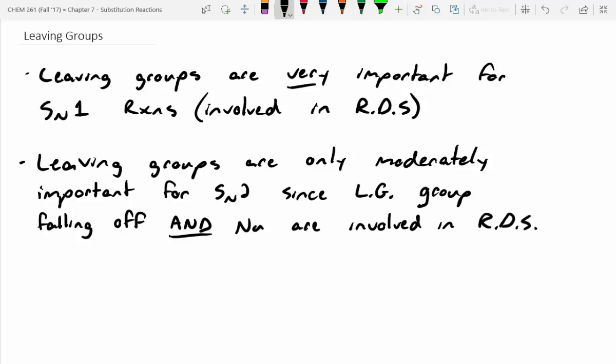So it's not the sole thing that's determining the rate for an SN2 reaction, but it is in an SN1 reaction, which means it's much more important. All right, so now let's compare some leaving groups.